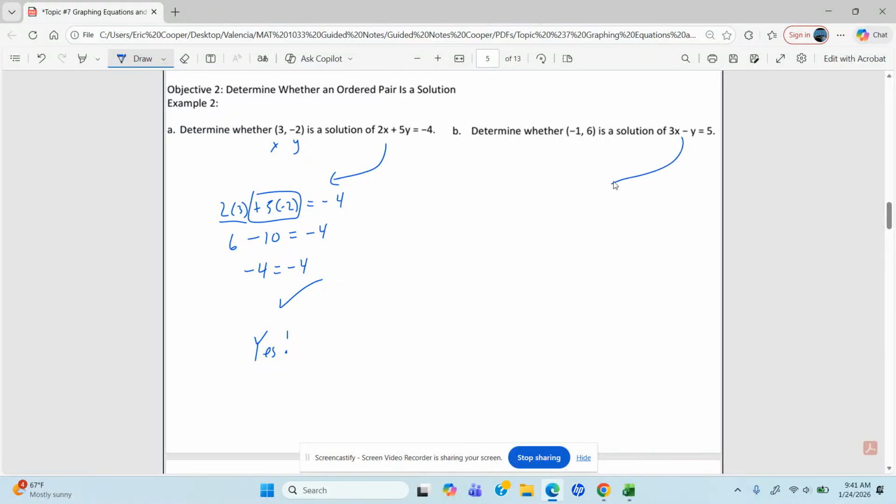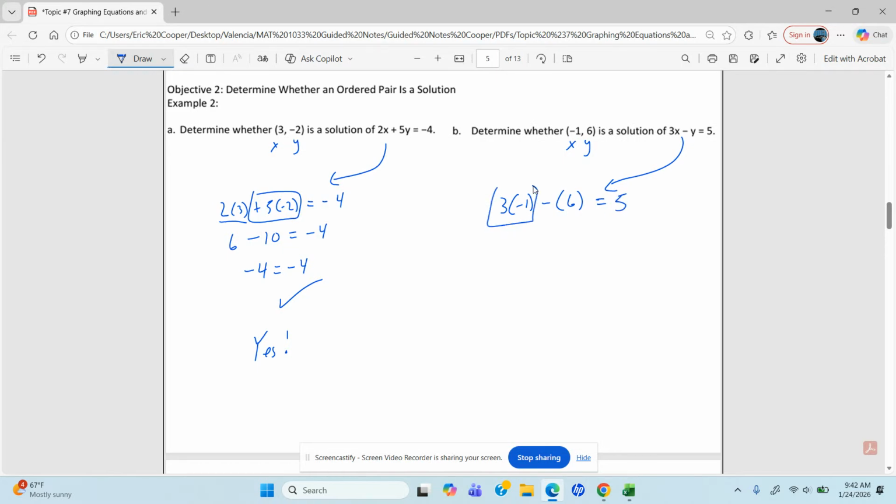We'll do the same here for this one. Again, the first part of the coordinate is the x, the second part is the y. So we have 3 times negative 1 minus positive 6 is equal to 5.